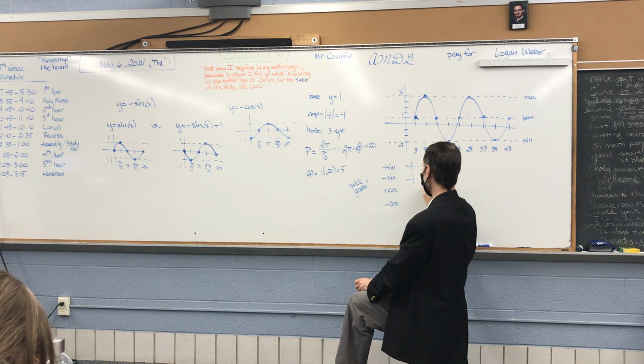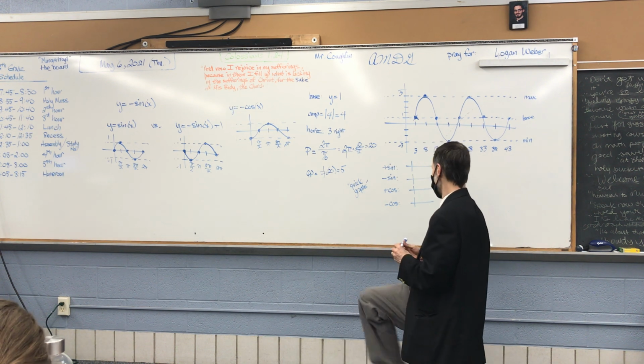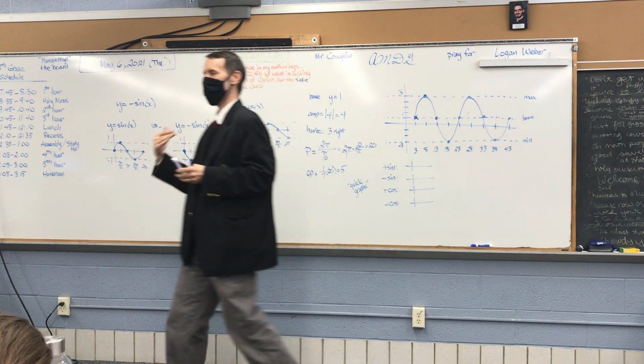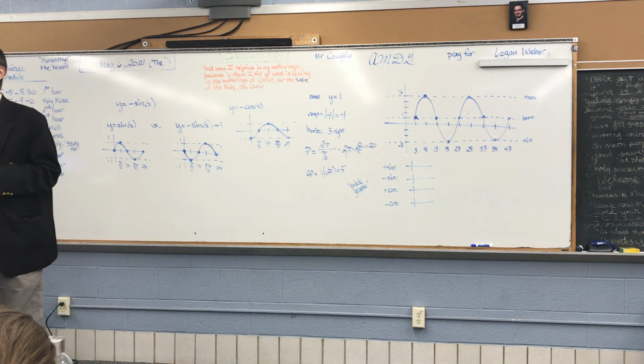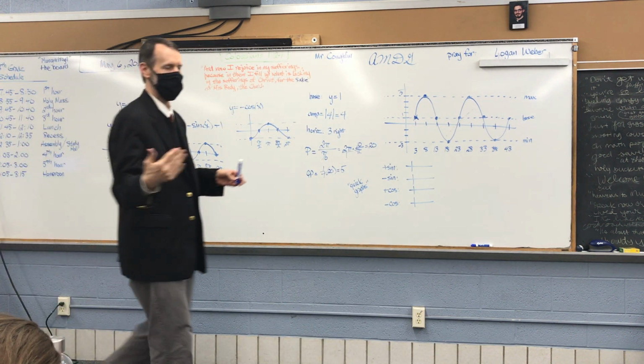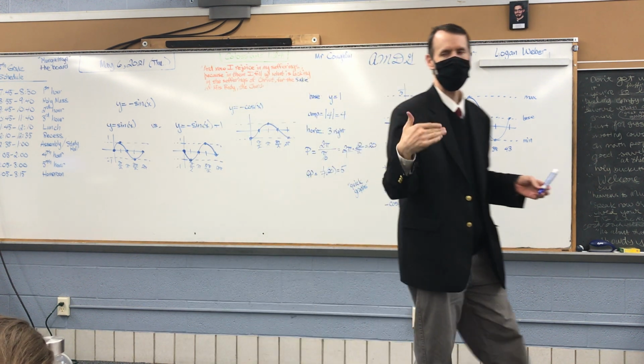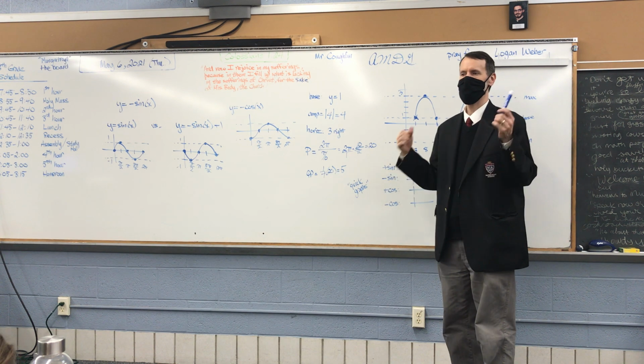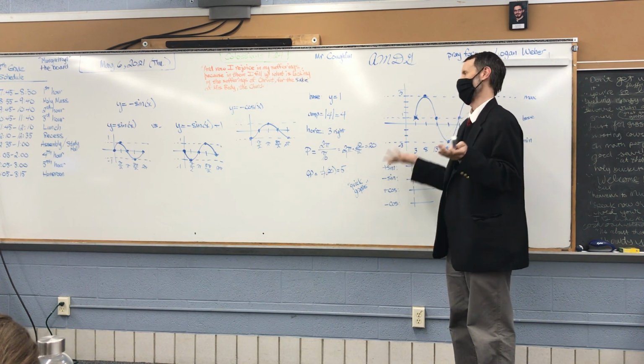Do some little teeny miniature graphs here. What does positive sine look like? Basically, where does it start and where does it go? And when I say where does it start, it either starts at the base, the max, or the min. Where does a positive sine graph start? That means regular sine, basically.